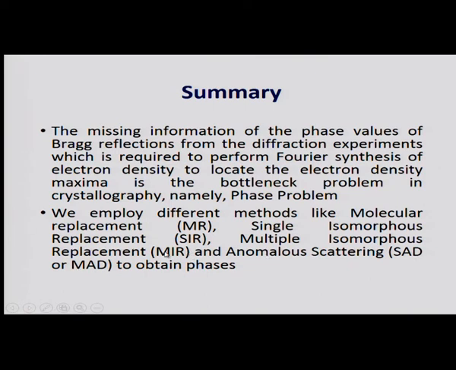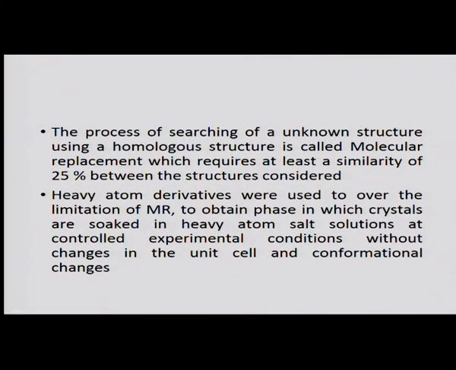MAD resembles MIR with 100% isomorphism. So, that is the reason why the number of protein structures determined as on today after 80s are exponentially increasing. We have more than 1,60,000 protein structures determined, and most of them are determined using SAT, and they are deposited in the data bank known as protein data bank.